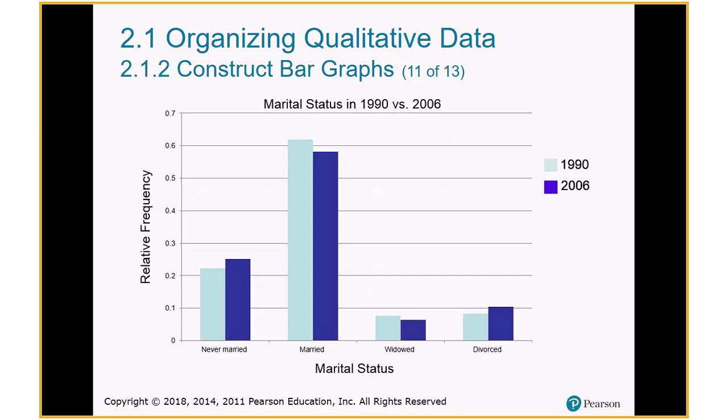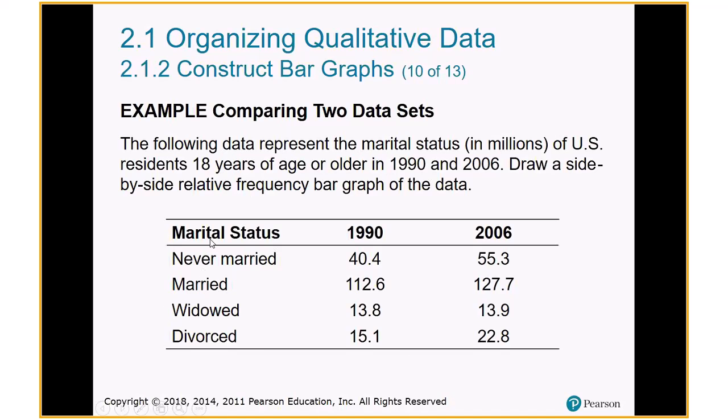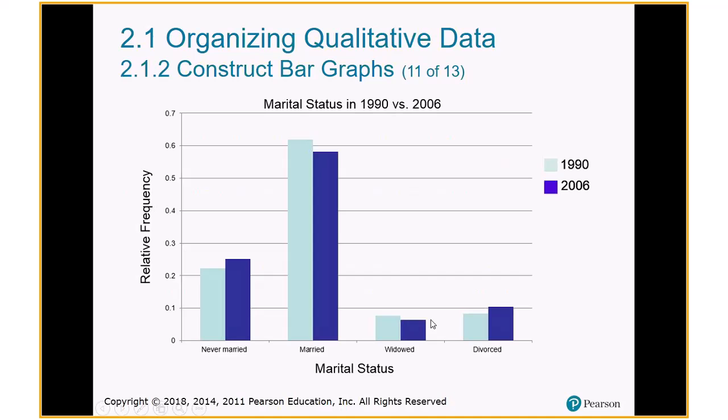So what can you obtain from this? Go back to the original question. It says marital status: never married, married, widowed, divorced. And there's the relative frequency on never married. It looks like in 2006 it was up a little bit.